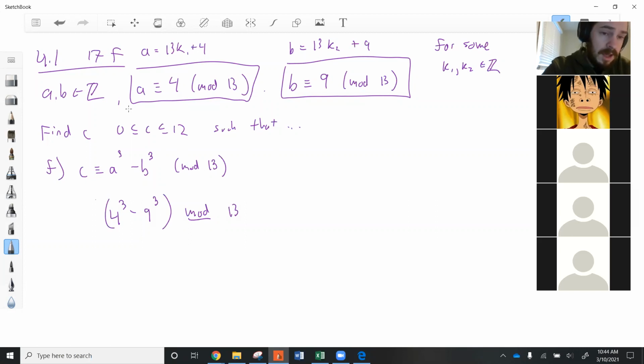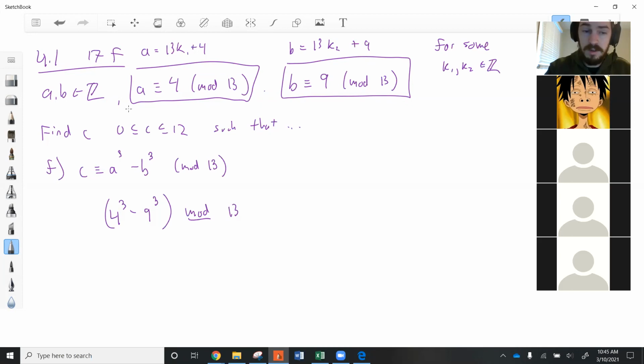I can't do arithmetic in my head like this. Someone want to tell me what 4 cubed minus 9 cubed equals? Negative 17. Is that okay?